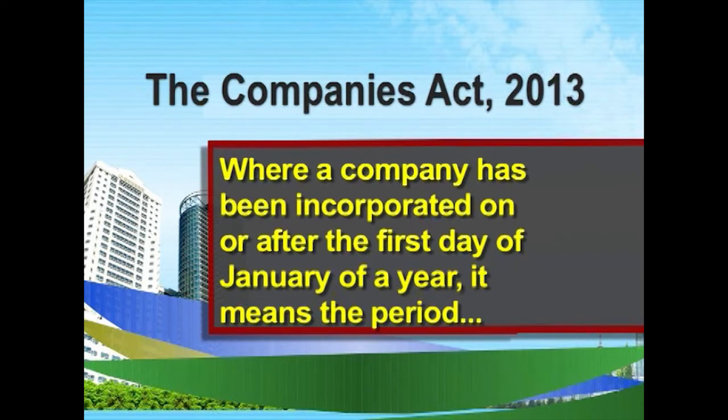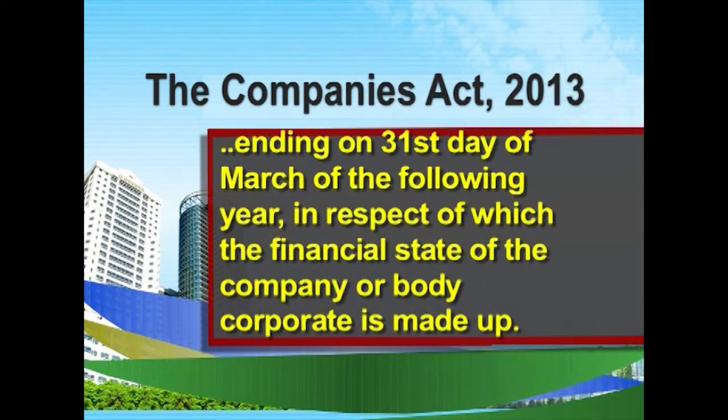Where a company has been incorporated on or after the first day of January of a year, it means the period ending on 31st day of March of the following year, in respect of which the financial state of the company or body corporate is made up.